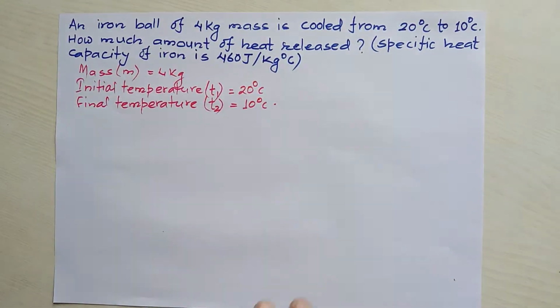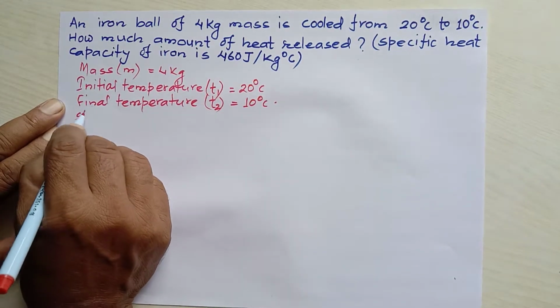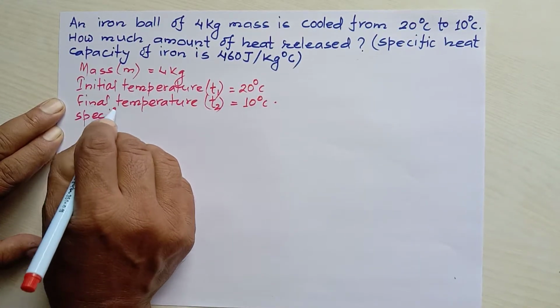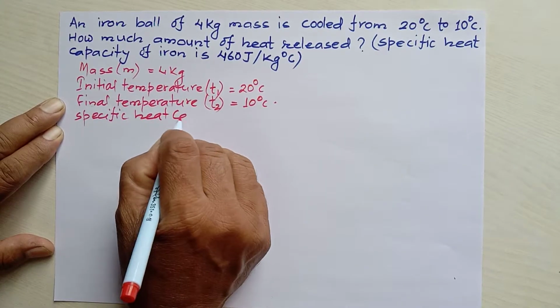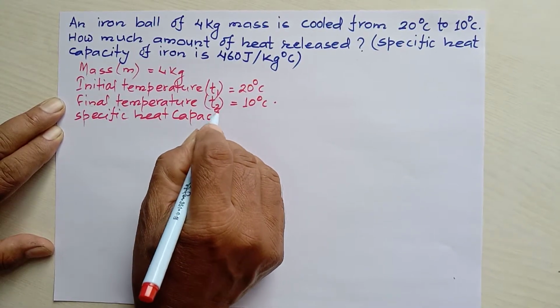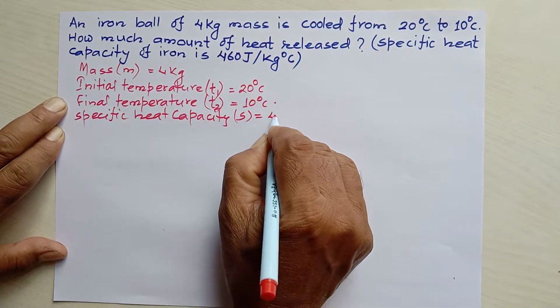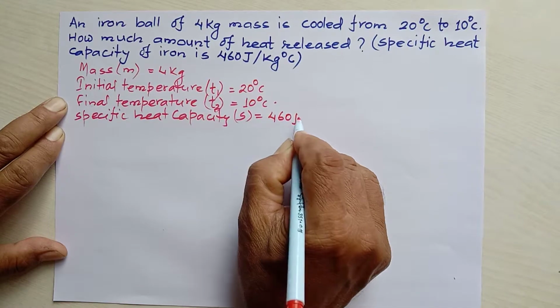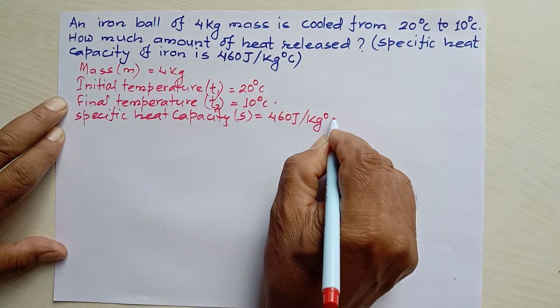Now another information is also given. What is it? Specific heat capacity. So I'm writing specific heat capacity, and the symbol is S, and this is 460 joule per kg degree Celsius.